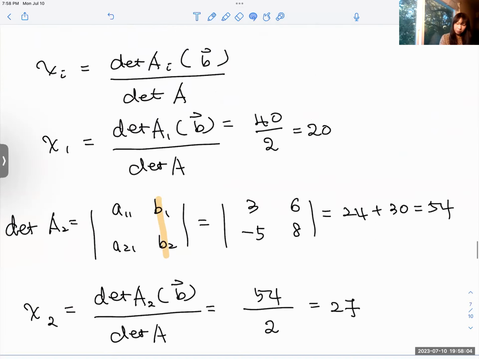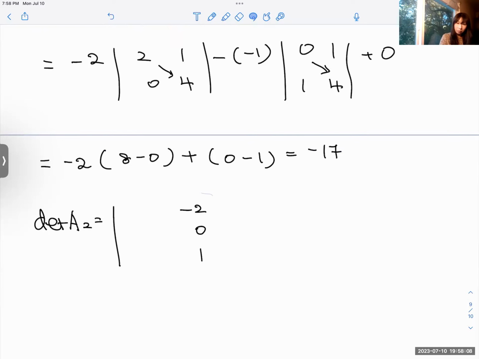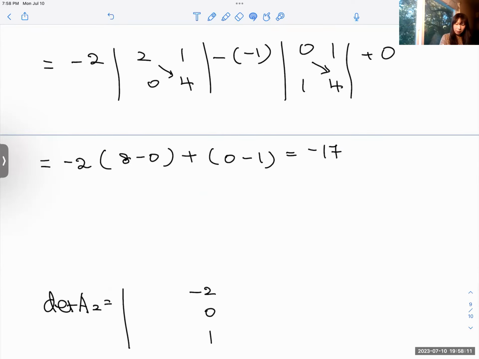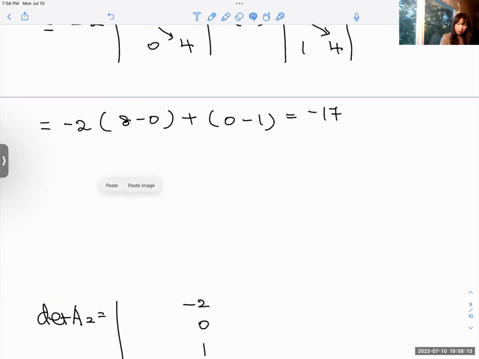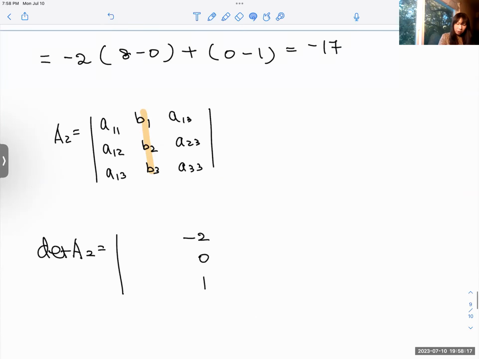Okay, so A sub 1, 3, negative 7, negative 6, 0, 1, 4.